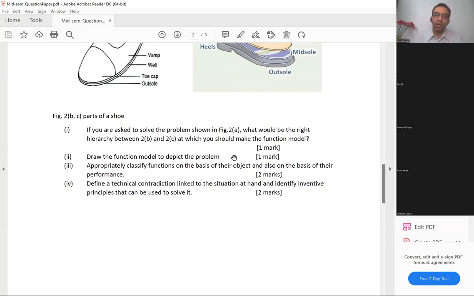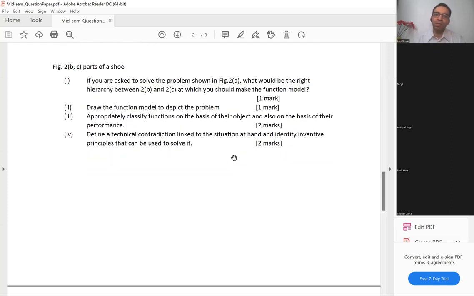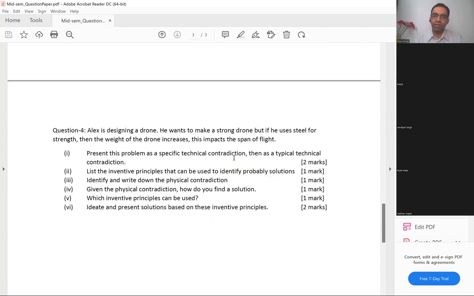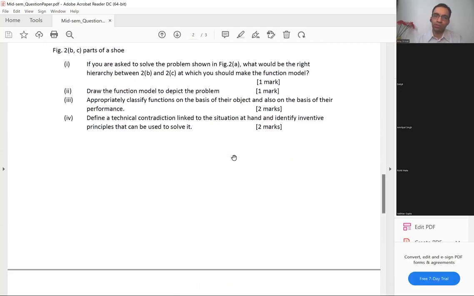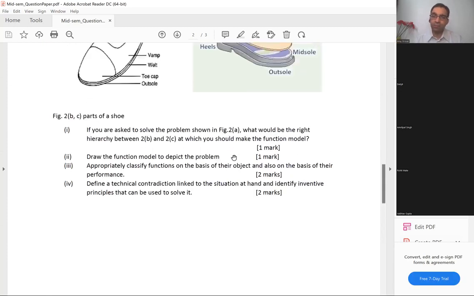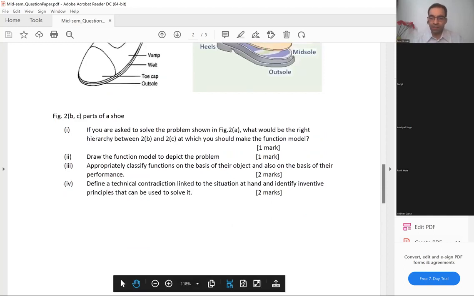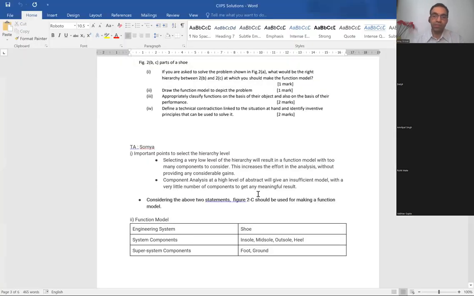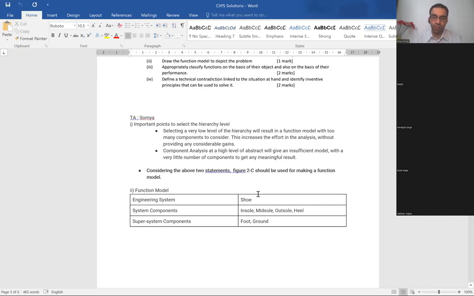When it comes to depicting the function model, if you define one more component and use that component also, as I already mentioned, it is absolutely fine. If you defined an extra component that exists according to you, that is absolutely fine. No challenges there. But be careful that you define functions only where there is an interaction. If you define a function where there is no touch, then that is not a function actually.